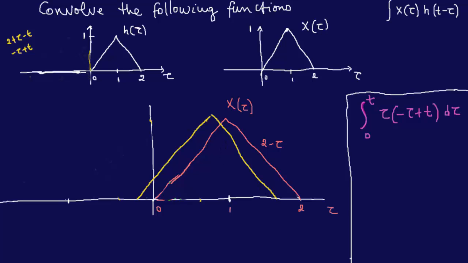This is still your t minus 1, this right here would be your t, and this is still your t minus 2. The equation of this line is 2 plus tau minus t, nothing changes there, and the equation of this line is minus tau plus t.